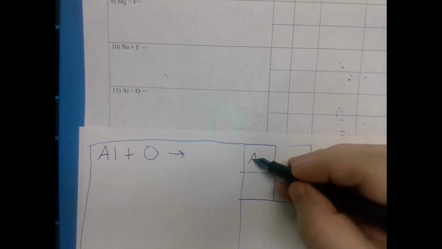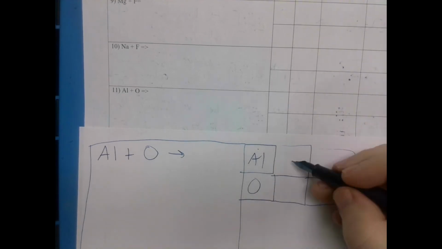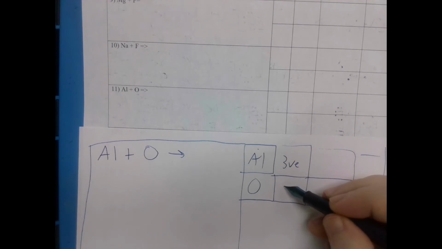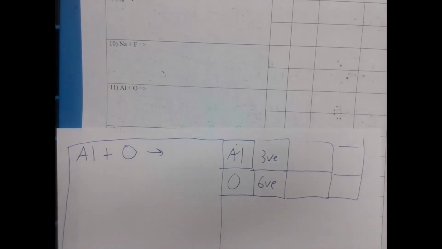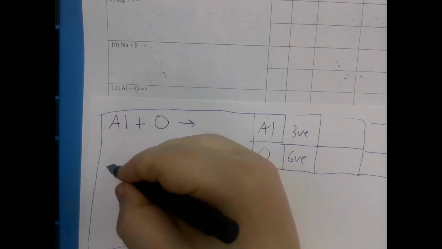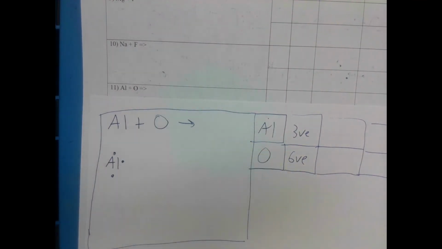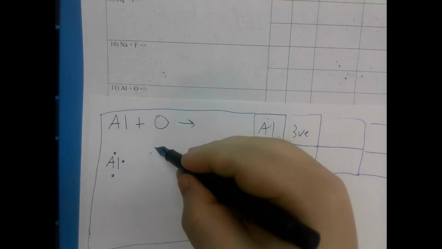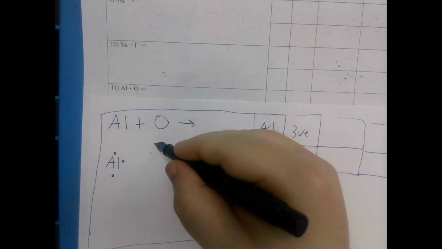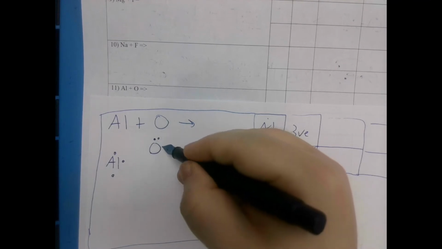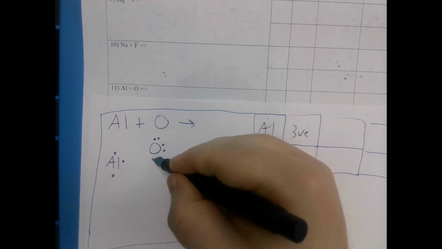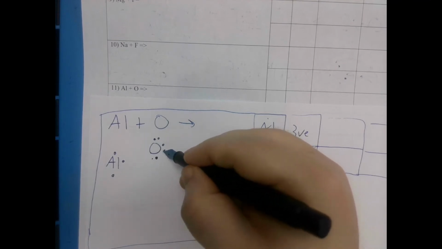Alright, so aluminum and oxygen. Aluminum has how many valence? 3. And oxygen has 6. Alright. So aluminum has 3 dots. And oxygen has 6.